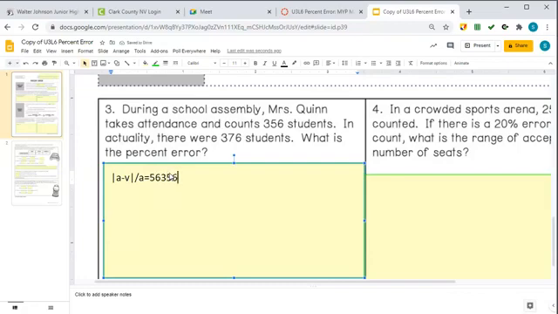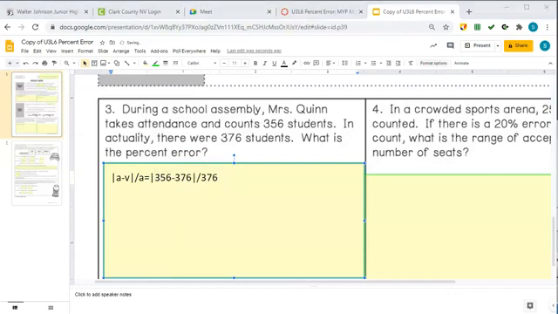Oh, let me get the calculator, type it in right. 356 minus 376, and I'm going to put parentheses all around that to remind myself to divide by 376. In fact, even better than parentheses would be my absolute values, which I'm supposed to have. So let me change that.